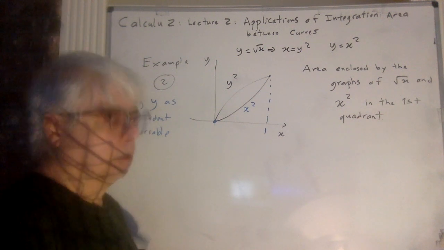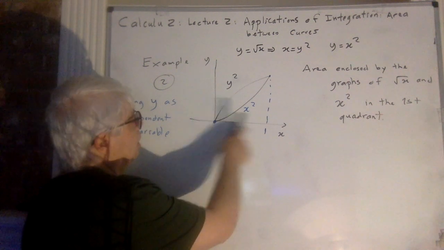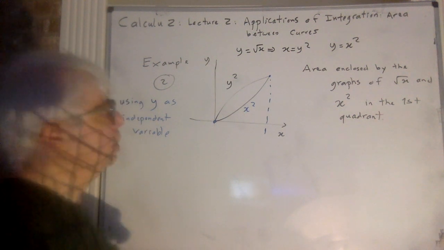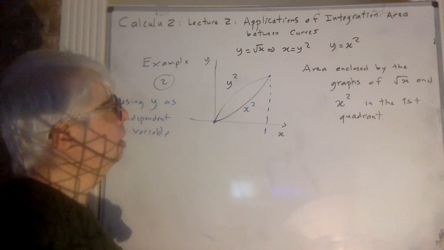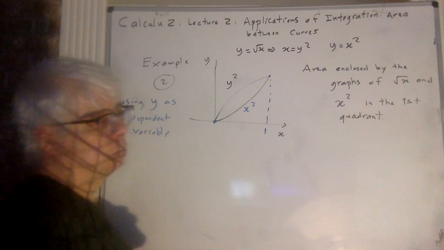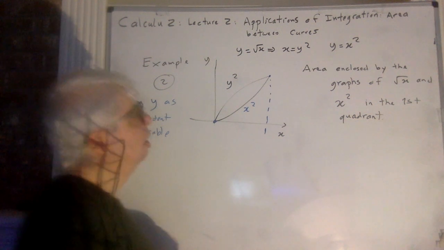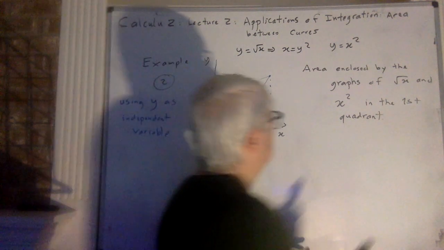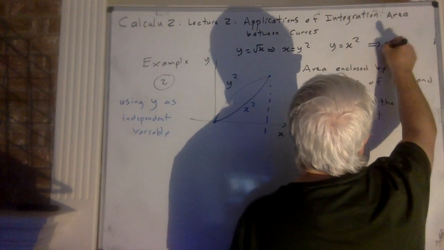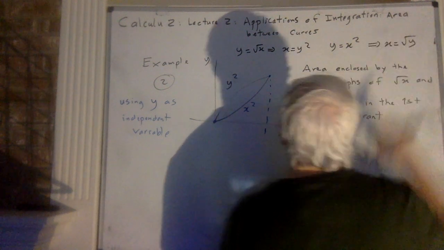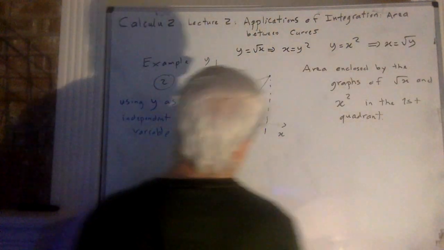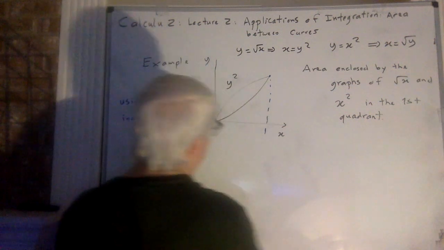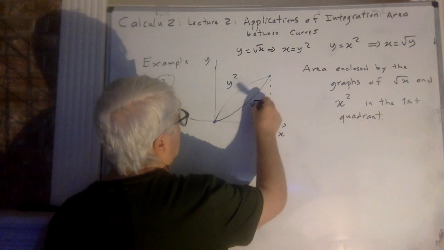No, it's not. But over this interval, it is 1 to 1. So if the interval of integration is such that the function, or one of them, is 1 to 1 over that interval, then you can invert that function. So the inversion is x equals square root of y. You might say, gee, this looks like the other one. Yeah, true. So this is square root of y.